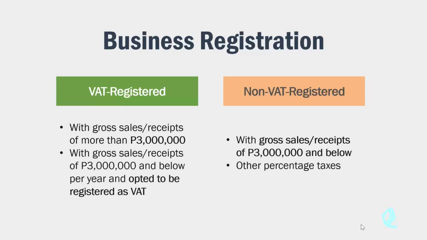And those non-VAT registered taxpayers have to pay, instead of VAT, percentage taxes. So that distinguishes a VAT registered business tax from the percentage tax. So if you're VAT registered, you have to pay VAT. If you're not VAT registered, then you have to pay percentage tax.